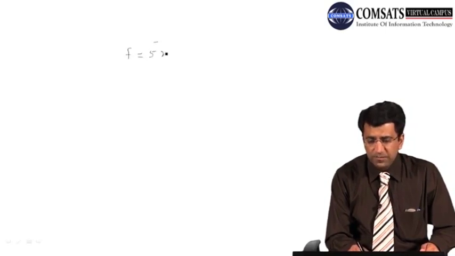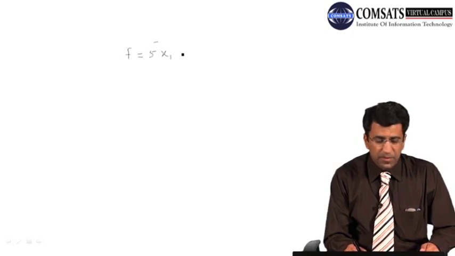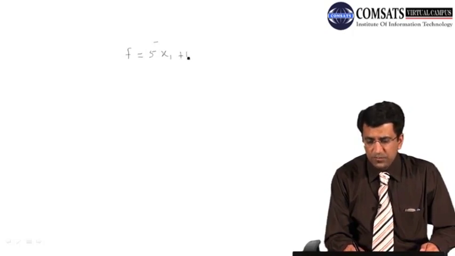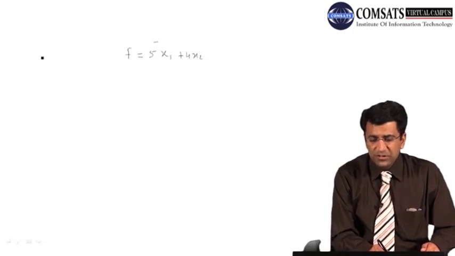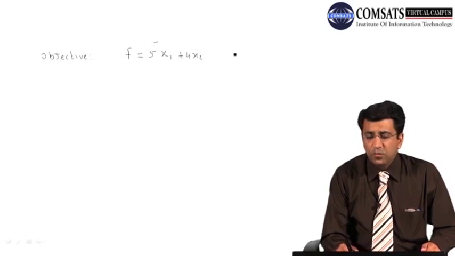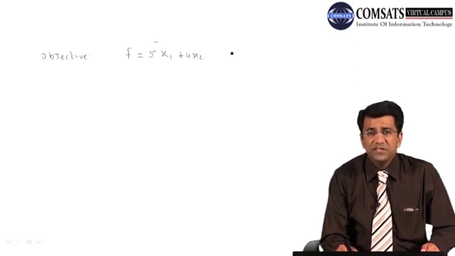Now class, let's say we have an objective function as f is equal to 5x1 plus 4x2. So this is our objective function, and suppose we are interested in maximizing this objective function.